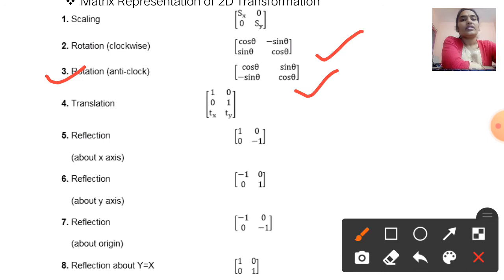Then next, translation. In the column vector, the matrix is 1 0 tx and 0 1 ty.